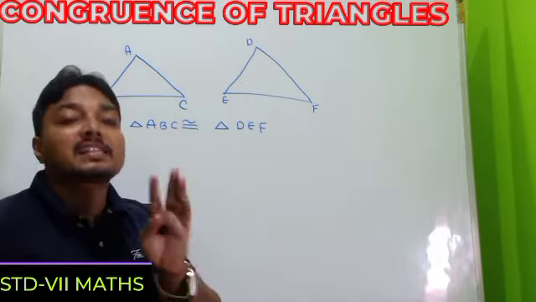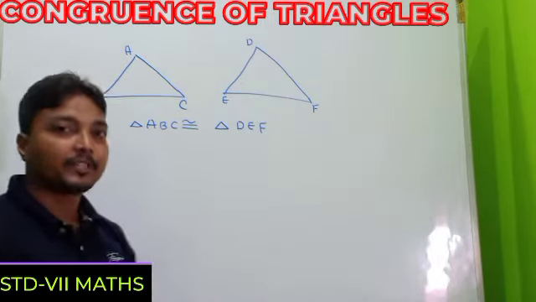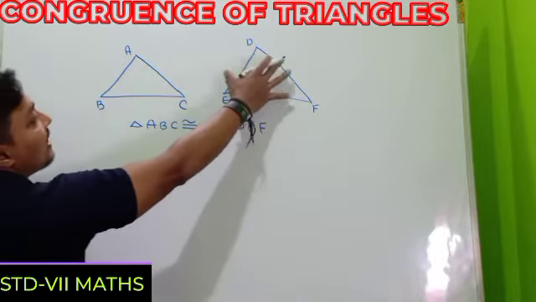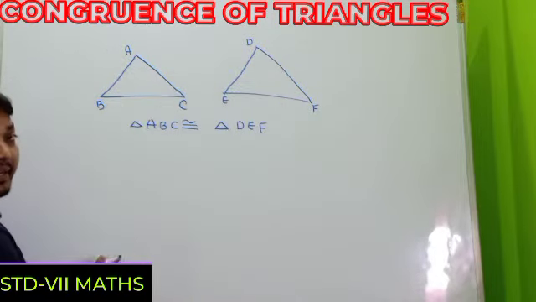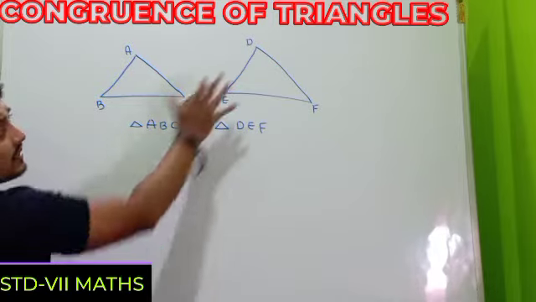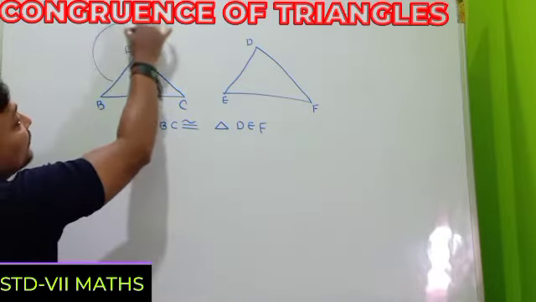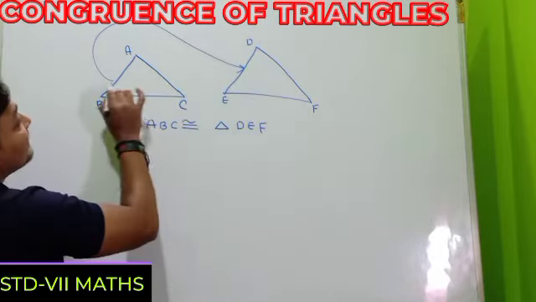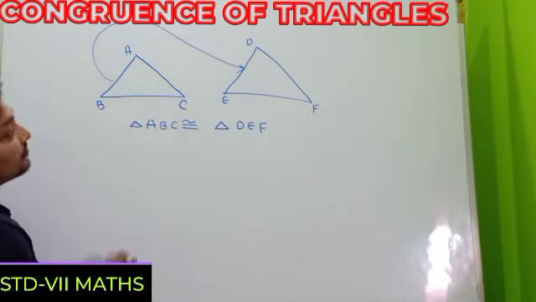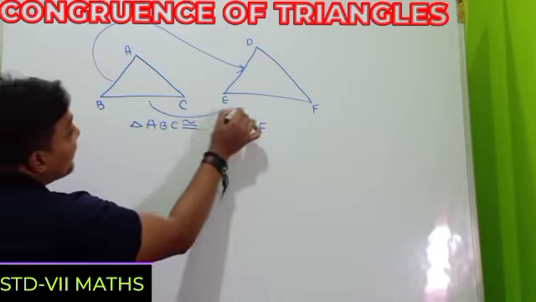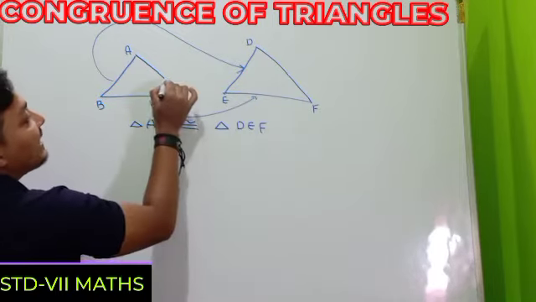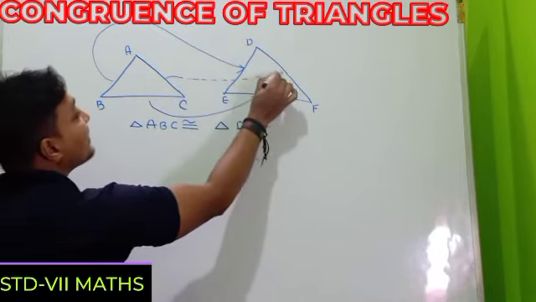Remember another extra thing I am saying. Whenever this one covers this one completely, this side will cover this side, this side will cover this side, and this side will cover this side.